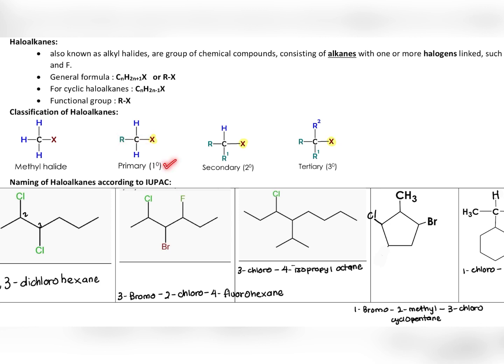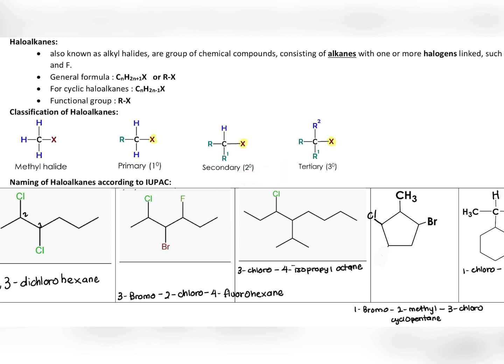So it is primary haloalkane. And next one, secondary, if your halogen directly attached to this carbon. So carbon ini adalah carbon secondary. Kenapa? Ada 2 jiran carbon. So it is secondary haloalkane.